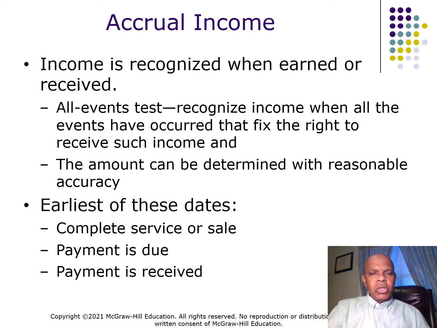You ship the goods and you know you're going to get the money. You can determine the amount to some level of accuracy. The earliest of these dates: complete service or sale, payment is due, or payment is received.